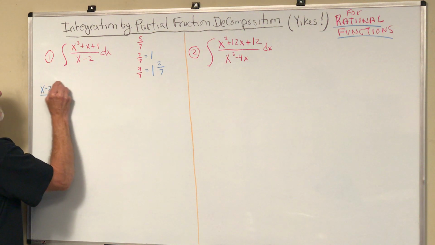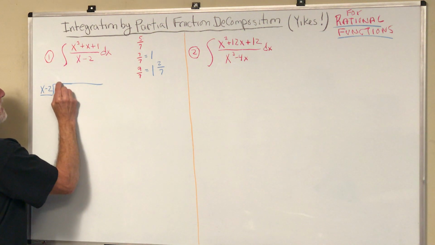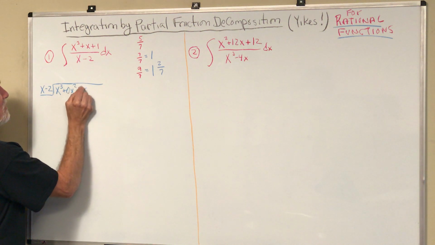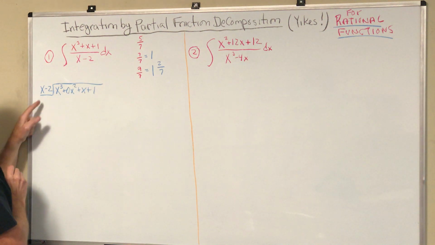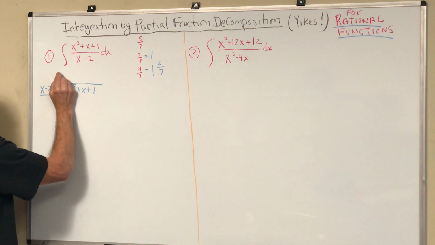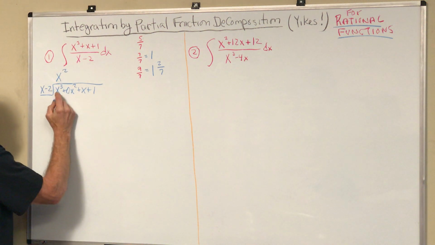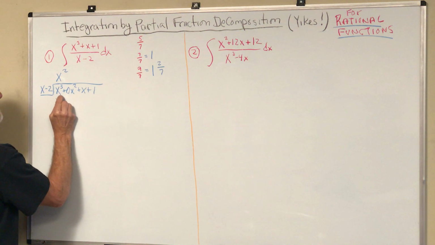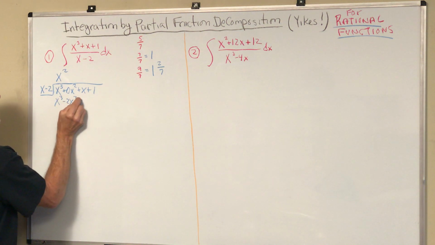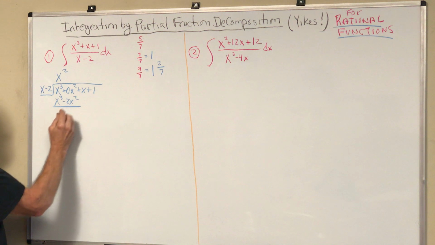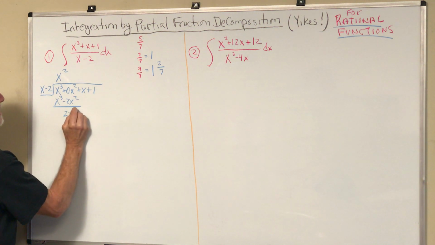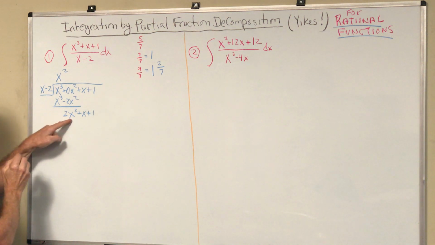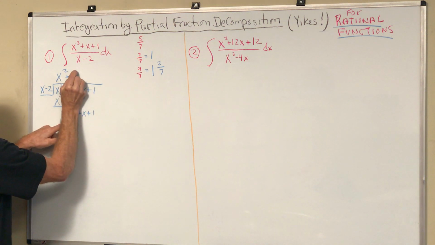You can do long division, x cubed plus 0x squared plus x plus 1. So x goes into x cubed, x squared times, then you multiply these two together, and then you subtract. So you get 2x squared. X goes into 2x squared 2x times.